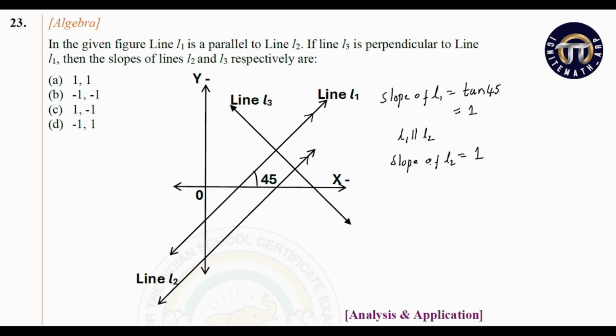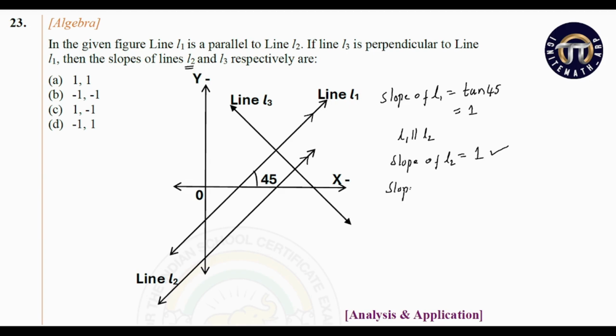If two lines are perpendicular to each other, the slopes of them are negative reciprocals of each other. Or in other words, the product of slopes of perpendicular lines is minus 1. So you're asked to find the slope of L3. We have already found the slope of L2.